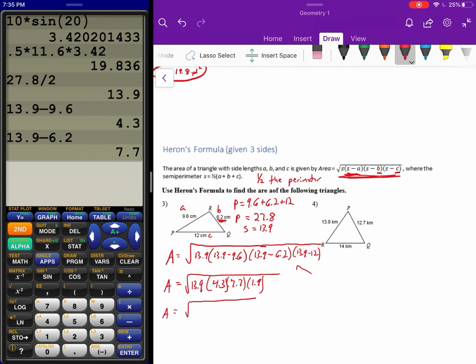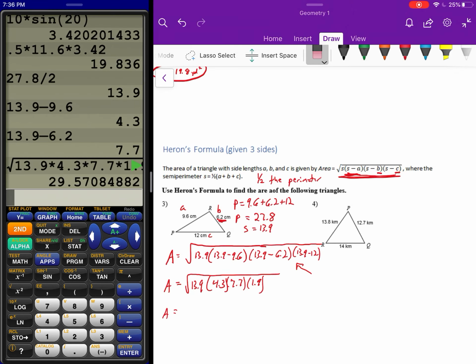Again, you could put all this in your calculator. So let's do that. Again, you could have done it up here. Just make sure you use parentheses correctly. So I'm actually going to get rid of this one here, and I'm going to type this into the calculator. We want the square root of 13.9 times, and notice when I hit times, it still remained under the square root, 4.3 times 7.7 times 1.9.